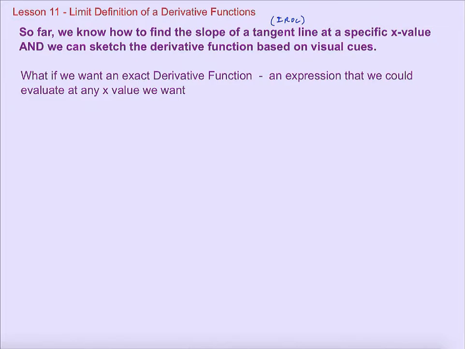What if we want an exact derivative function, an expression in terms of x that we could evaluate at any x value we want? So that if I gave you a function, let's say e to the x minus 3x squared plus the cosine of the ln of x.